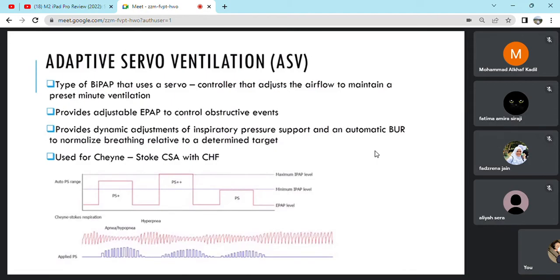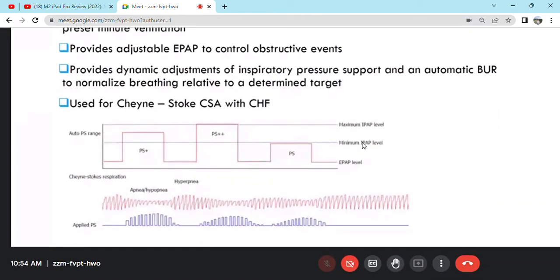So as you can see here, while the patient is on hyperventilation, it will not give pressure support because the patient doesn't need support here. By the time the patient manifests apnea and hypopnea events, that's the time you will have increasing pressure support, until such time that it goes away again because the patient hyperventilates again.